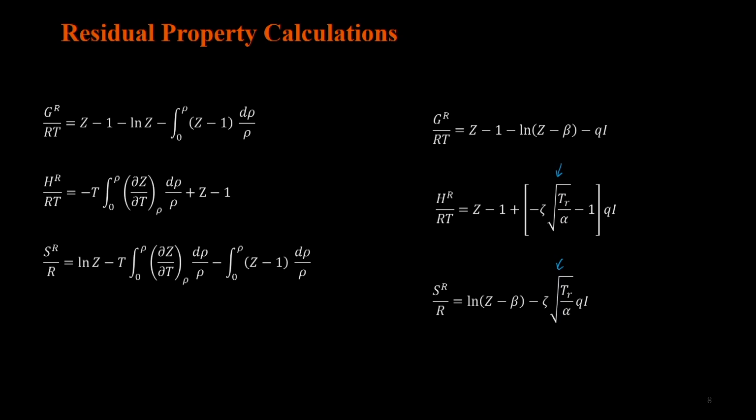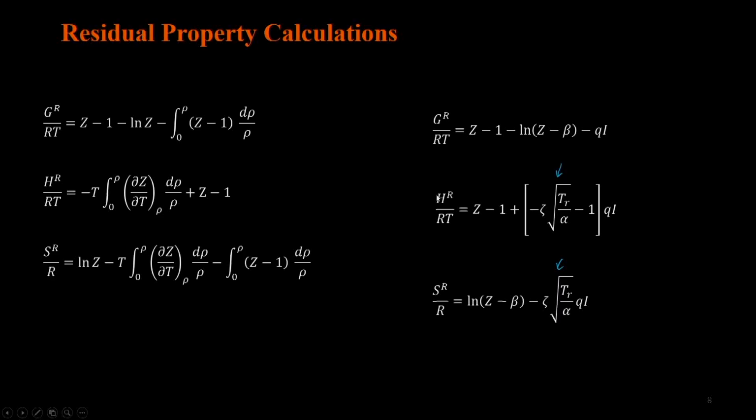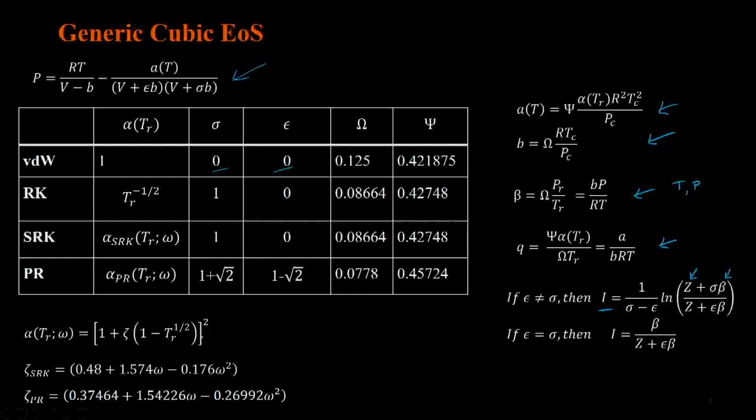square root of TR over alpha. If you look at the previous slide, when we take the derivative for van der Waals, A was not a function of temperature, but for other equations of state like these two, it will be a function of temperature. For these equations of state, we take the derivative and do the integration.